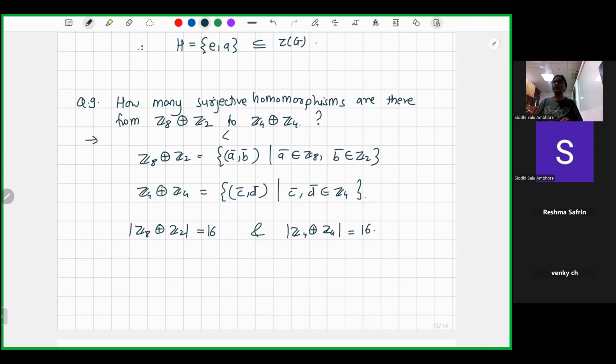But can we say that we can have a surjective map from this group? Let me call this H and this G. Do we have any surjective map from H to G? Is it possible?